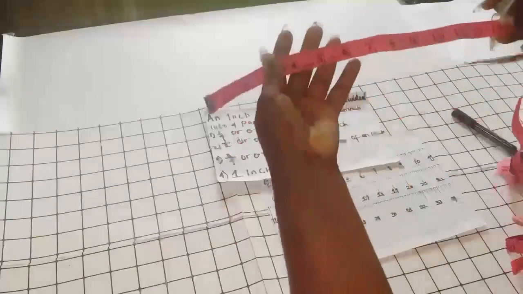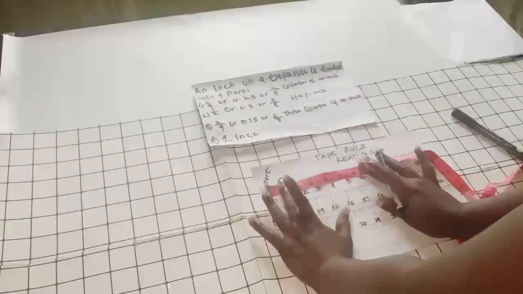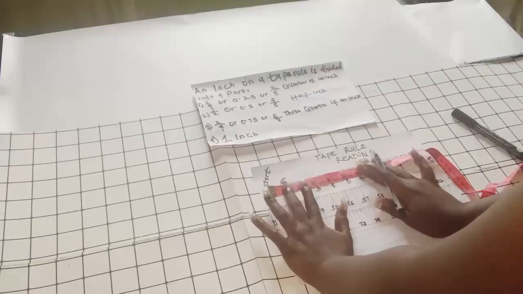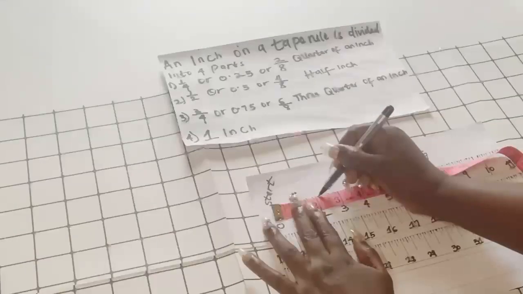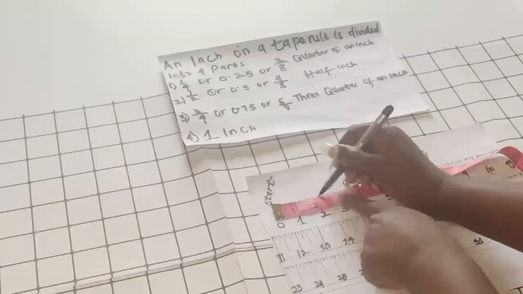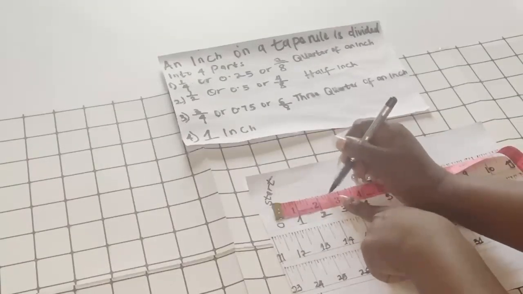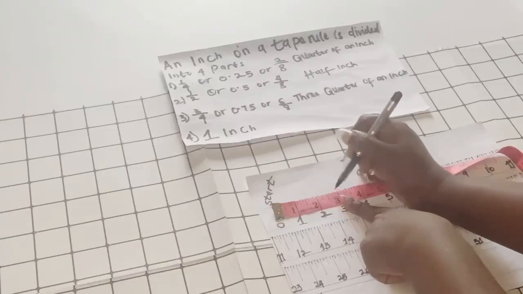In your tape rule measurements there are 8 parts. So this is 1 part, this is 1, 2, 3, 4, 5, 6, 7, 8.